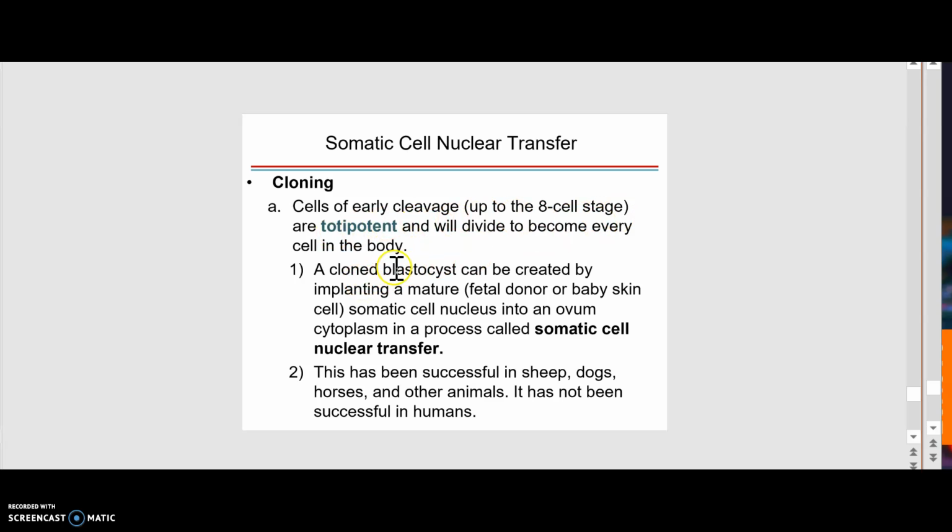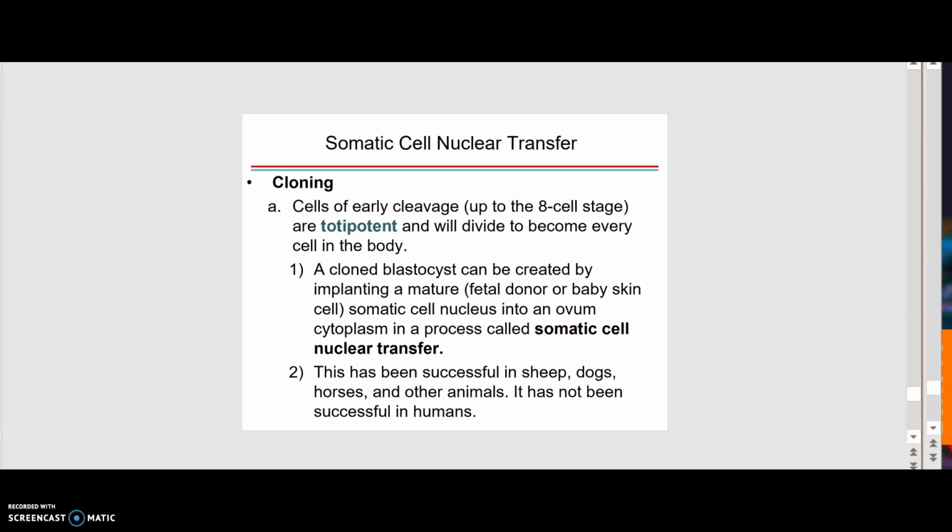A cloned blastocyst can be created by implanting a mature fetal donor skin cell or cell of the somatic cell nucleus into the ovum cytoplasm of the somatic cell.